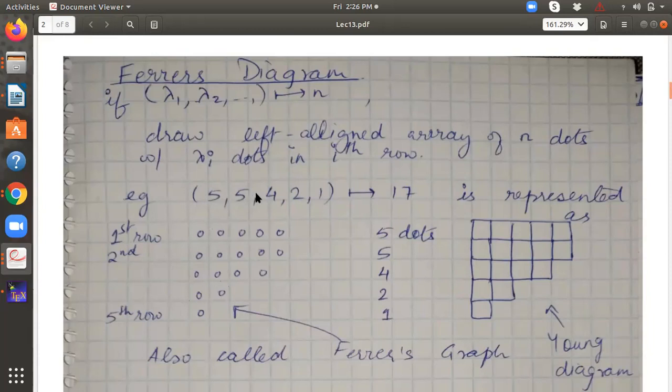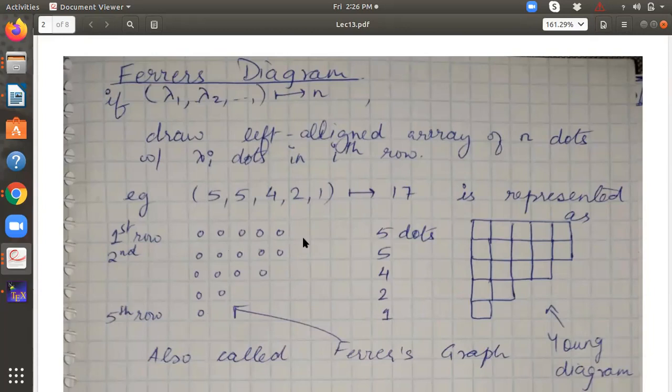So they are in non-increasing order. This entire diagram, if I take an axis, the main diagonal, and reflect it along that axis, then I also get a diagram of a similar kind.